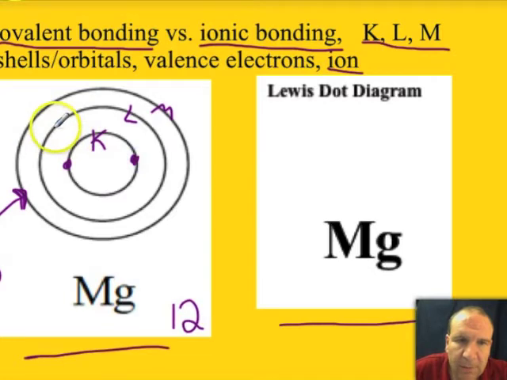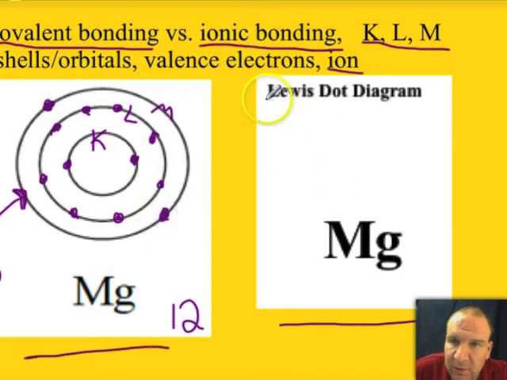It can actually hold up to 8, right? So I'm just going to spread them around. That's 3, that's 4, that's 5, that's 6, 2, 3, 4, 5, 6, 7. I didn't do a good job of spreading around, but there's 8. Now if there's 8 here and there's 2 here, that's 10. So how many do I have left? 2. So I'm going to put 1 here and I'm going to put 1 on the other side.